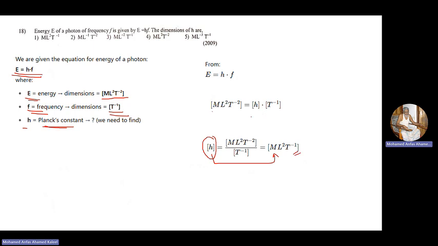By substituting the dimensions and equating them in this formula, we can derive the dimension of Planck's constant. That is answer number 4. 18th answer number 4.